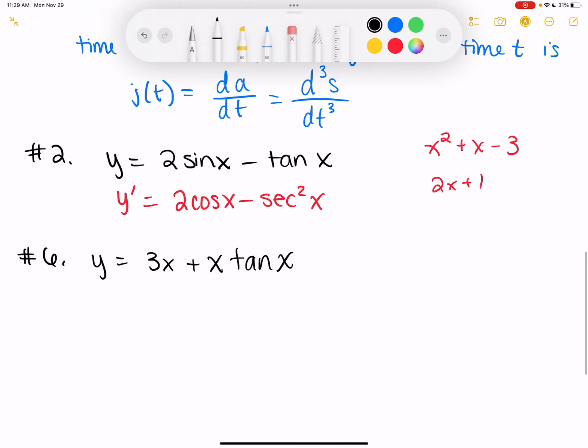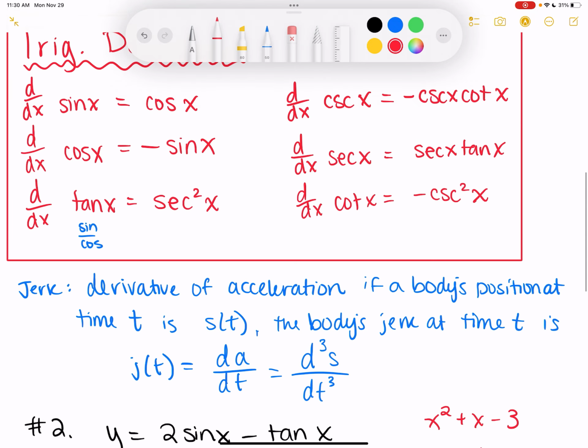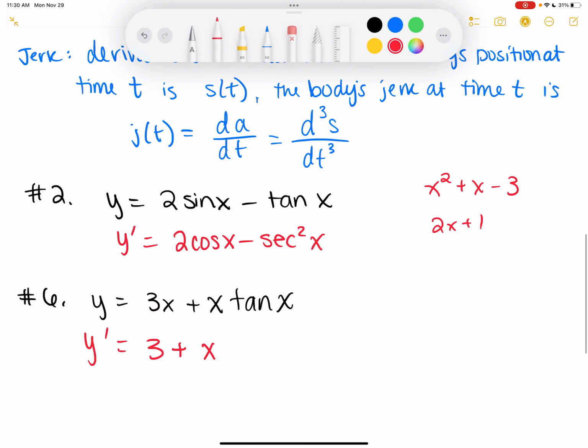So y prime is equal to, what's the derivative of 3x? 3. Then plus the first, copy it down, times the derivative of the second. So the derivative of tangent of x is secant squared of x.